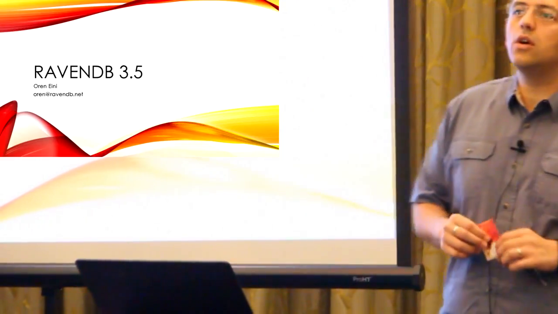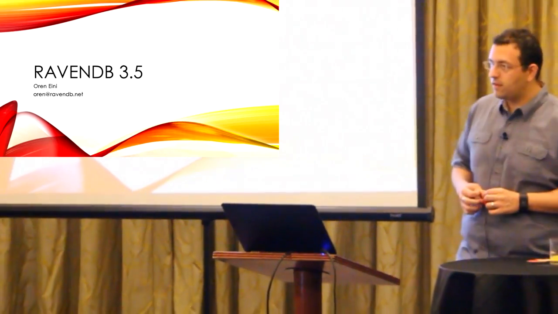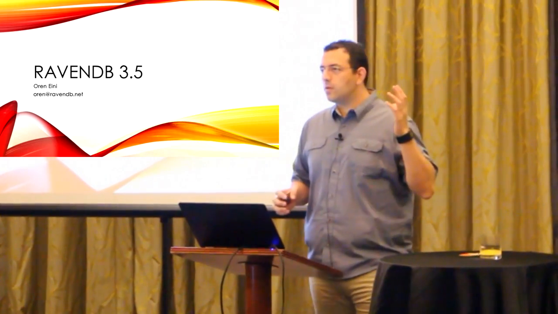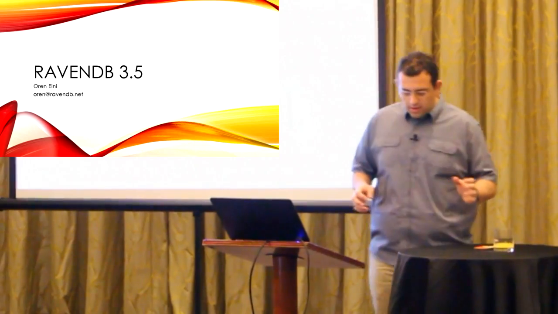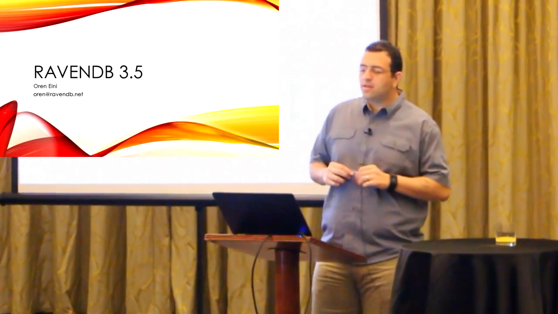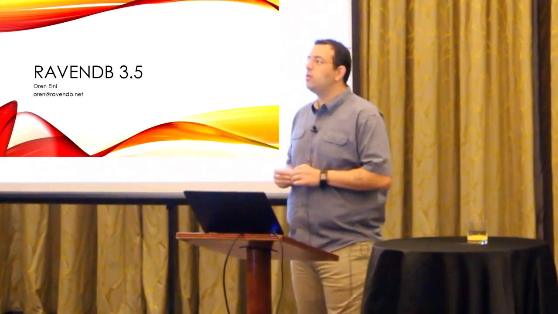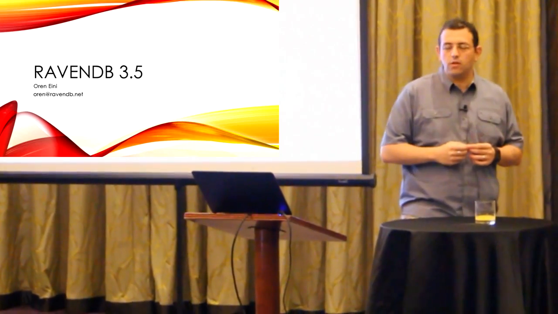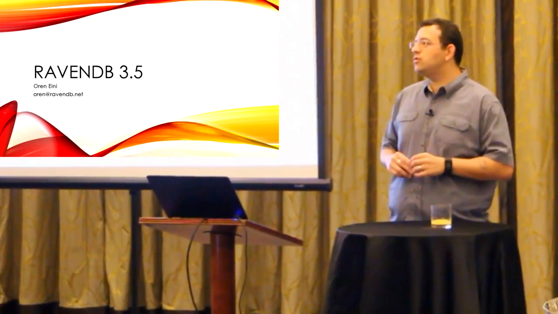I'm going to talk in this opening keynote about RavenDB 3.5. When we started working on 3.5, we got something very interesting. We actually started working on that in 2013, which is funny because RavenDB 3.0 was released in mid-late 2014.